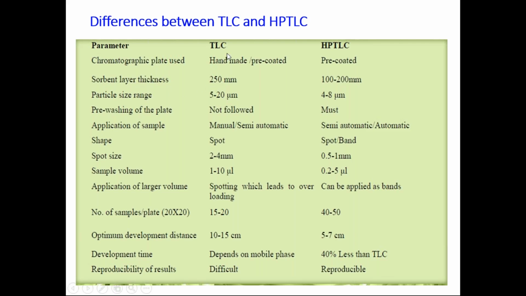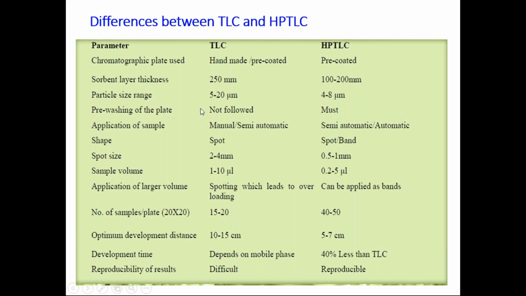The thickness in TLC is about 250 micrometers, but here we use very thin layers, 100 to 200. The particle size ranges from 5 to 20 micron, and here it is even smaller. So the smaller the particle size, the higher is the resolution.